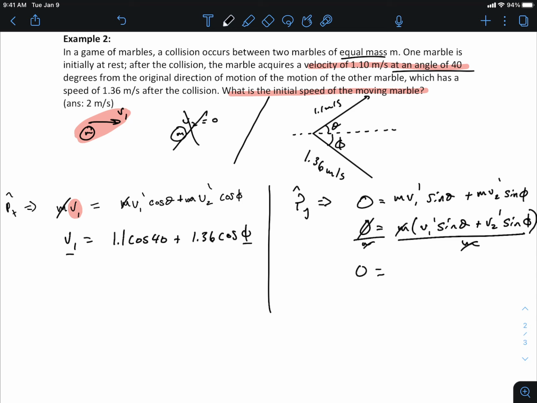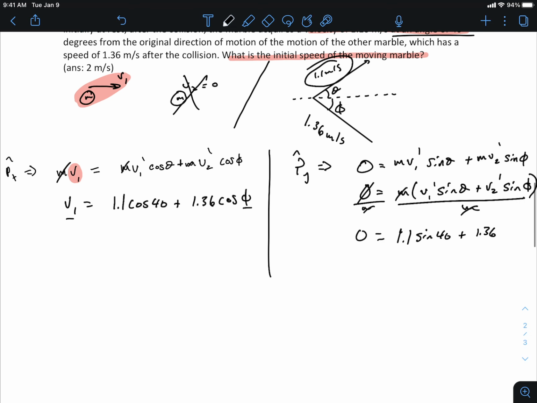v1 prime, again, we know v1 is the 1.1. 1.1 sine of 40 plus v2 prime, v2 we know to be 1.36, and then sine phi. Well, I don't know phi, so that's okay though, because now I can solve for what it is. So let's bring this term over.